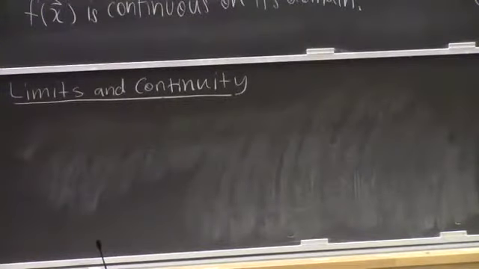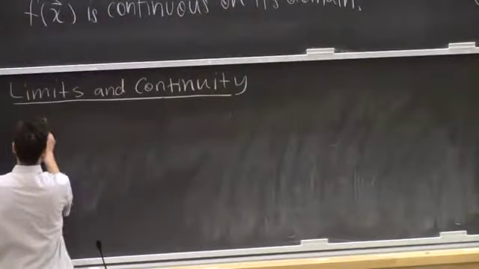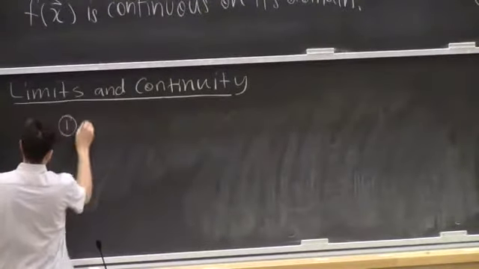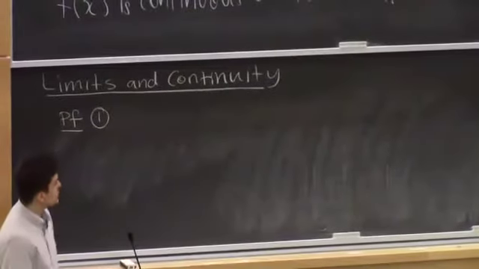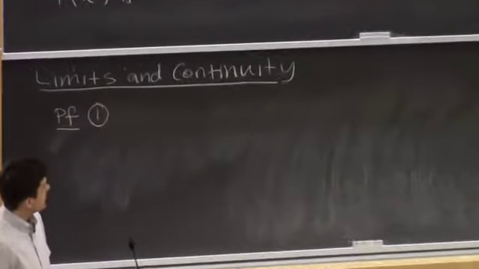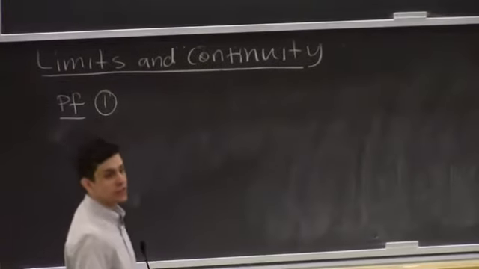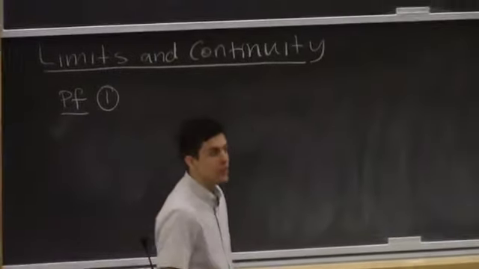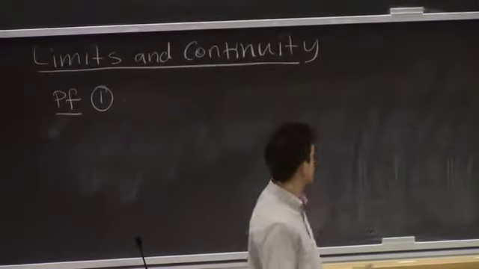Okay, so let's prove fact 1. Our first observation is that if k is 0, then this is very straightforward. If k is 0, then we've just got the 0 function. That should be continuous.